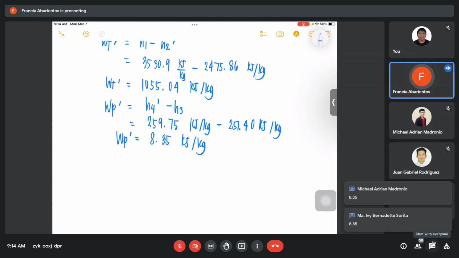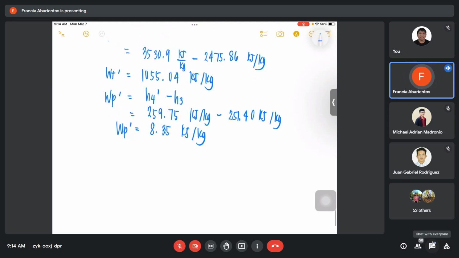So in computing for the cycle efficiency, we always compute for the work net over the heat added in the boiler. Okay. So we have H1, we have now the heat added.